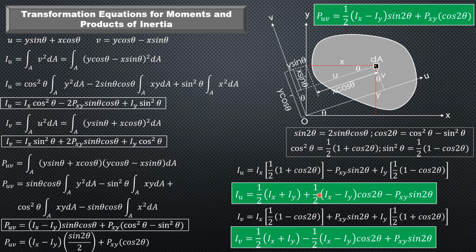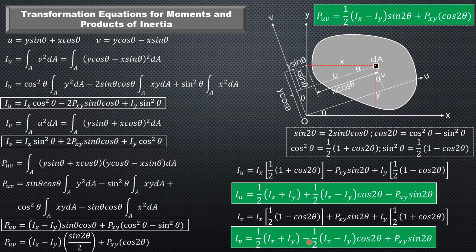And if you can derive these formulas in the same manner as they are presented and derived here, then you can easily remember them. So again, I sub u is 1/2 of Ix plus Iy plus 1/2 of quantity Ix minus Iy cosine 2 theta, then minus the product of inertia with respect to the xy axis sine 2 theta.